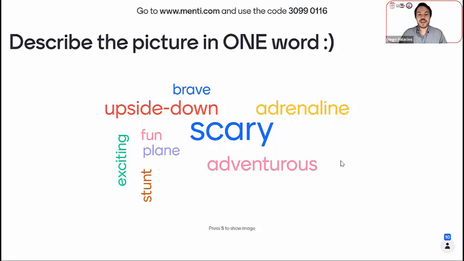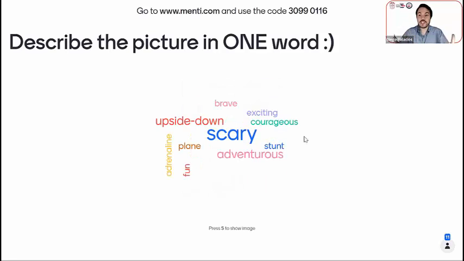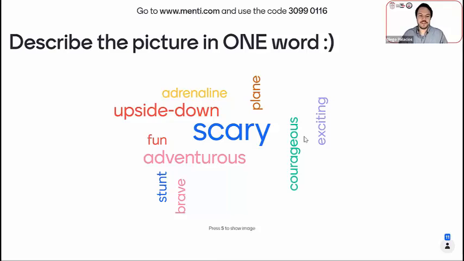Thank you very much. So we have brave. We have upside down. We have adrenaline. What else? We have exciting, fun, plain, scary, adventurous, and stunned. This is great. This is very, very good. Remember, this was the image, and we are now describing the image, okay?